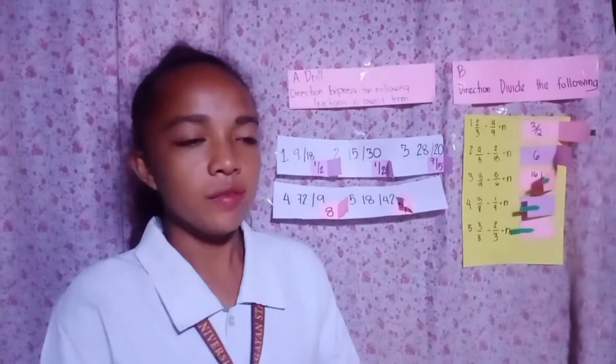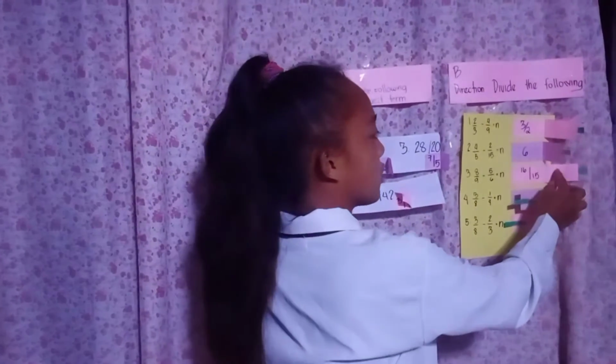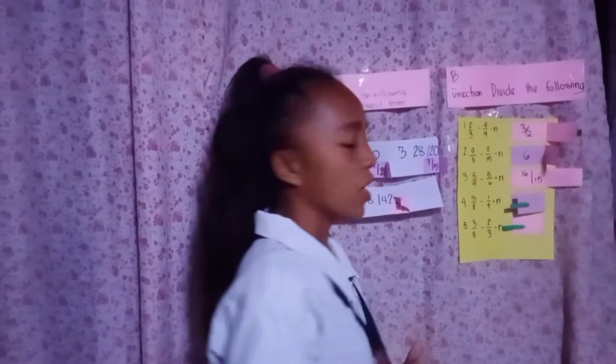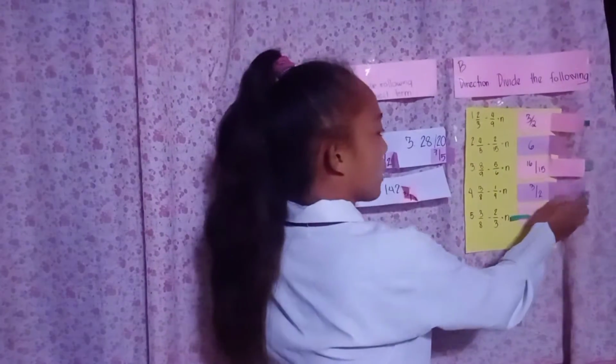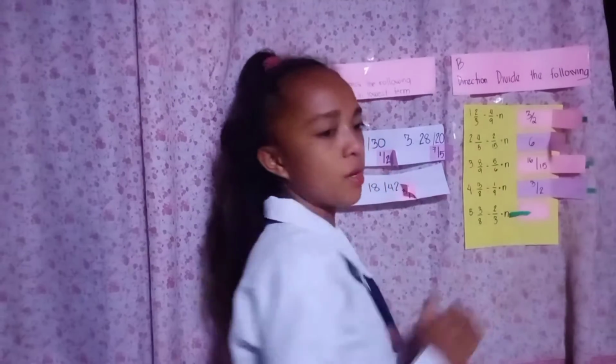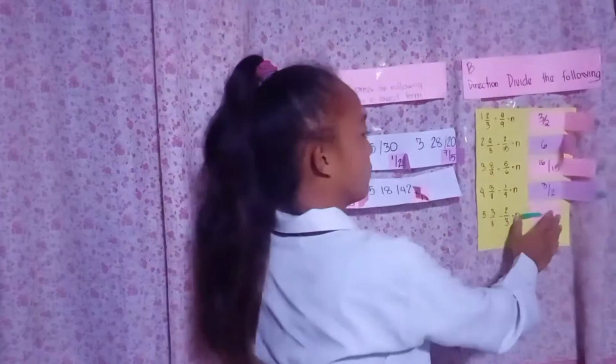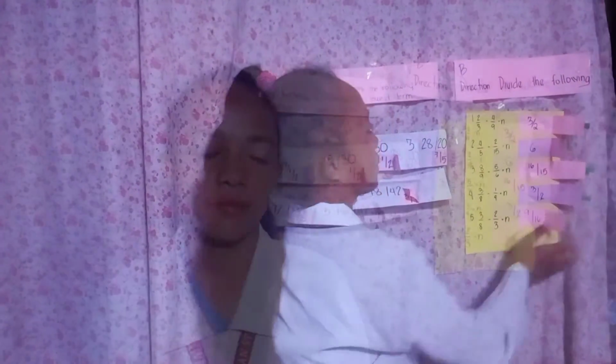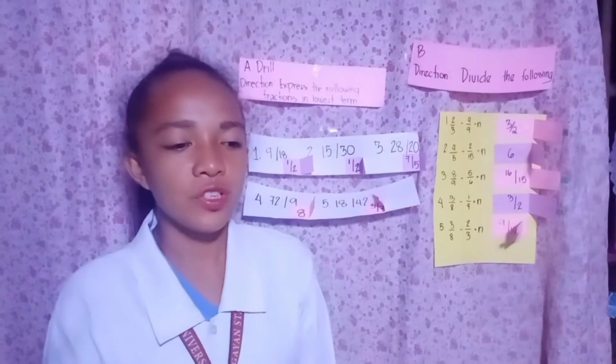In number 3, okay, very good. 16/15. In number 4, okay, very good. 3/2. And last, in number 5, okay, very good. 9/16. Okay, very good. You are all excellent.